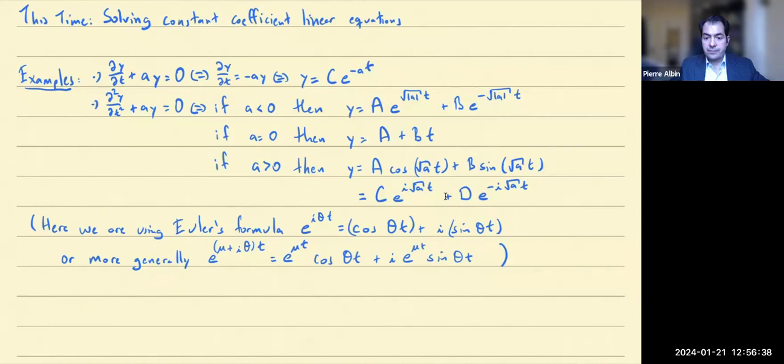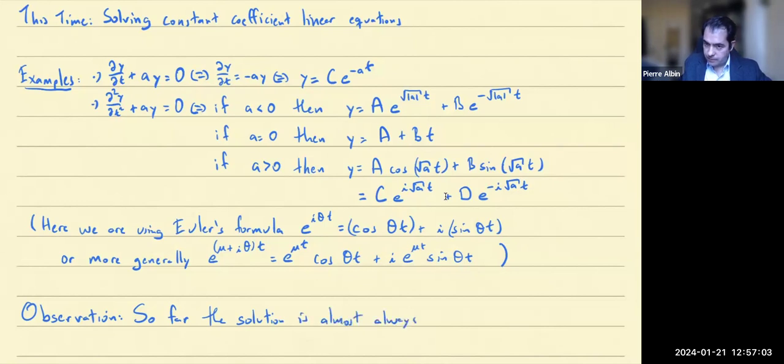Okay, so let's make the following observation. So far, and granted these are very few examples, but so far, the solution is almost always a linear combination of exponentials, right?